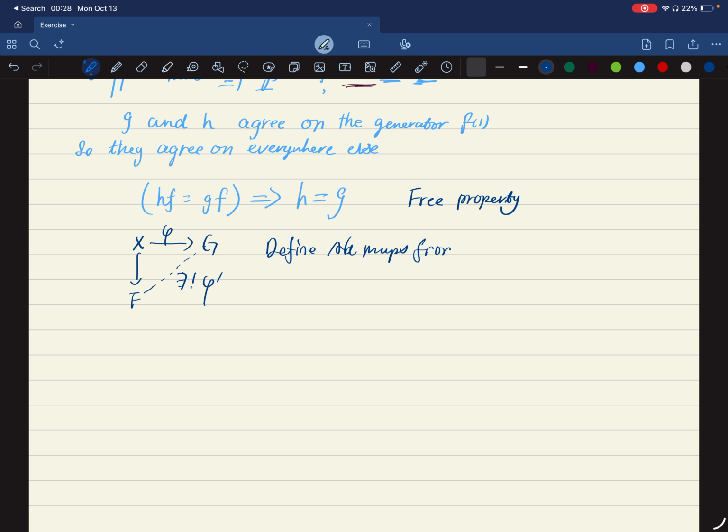define all maps from X to G. We just make it like this, and so there's a one-to-one correspondence to this set. This is group, right?